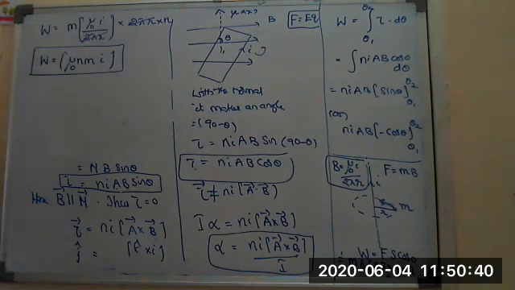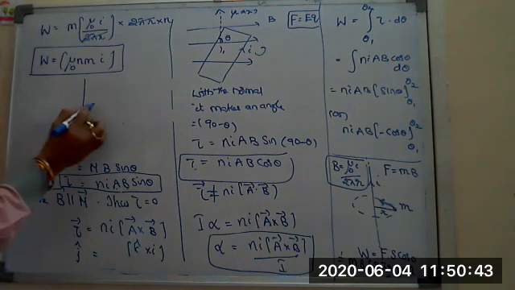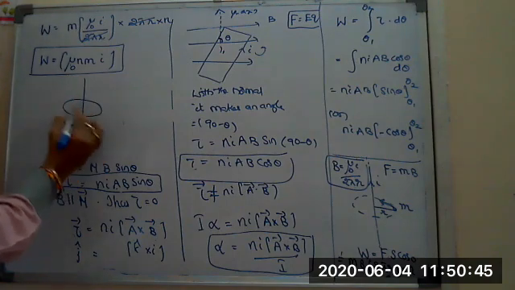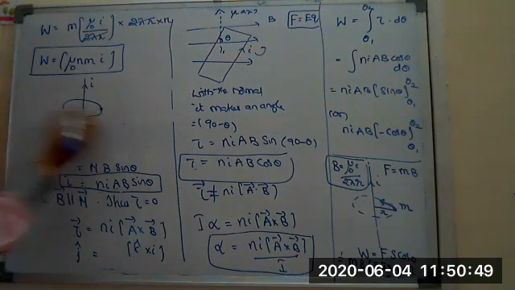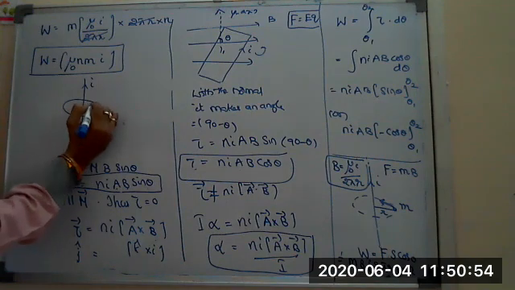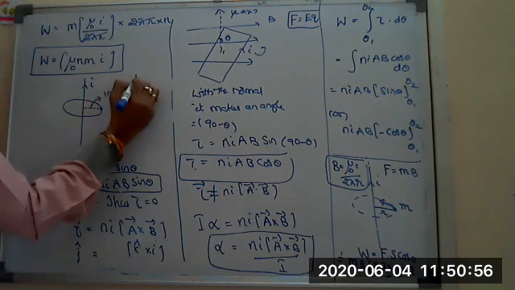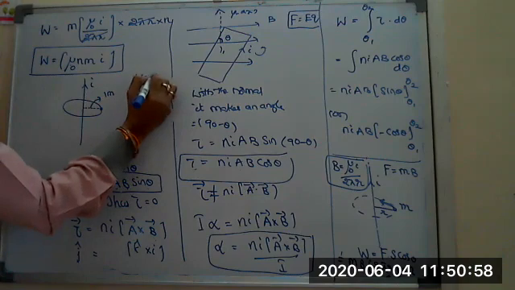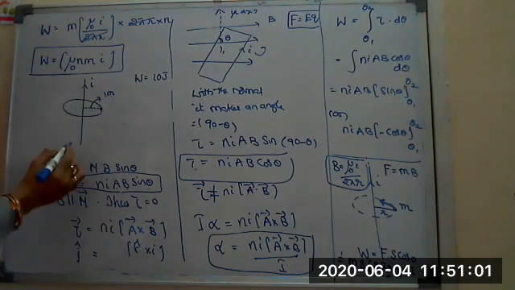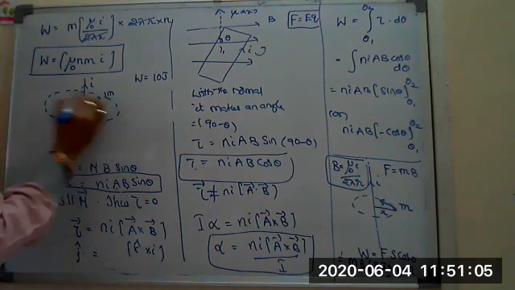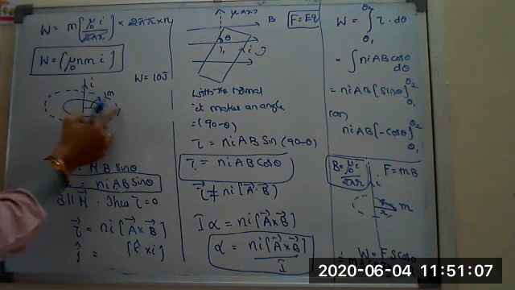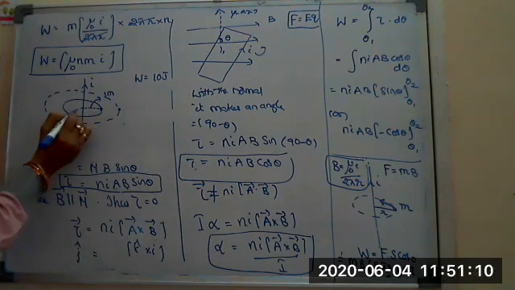That's why, suppose they ask to complete one rotation around this current carrying conductor, of a magnetic monopole, in a circle of radius say 1 meter, the work done is, suppose, 10 joules. Then what is the amount of work done in rotating the same magnetic pole, but in a circle of radius say 2 meters?